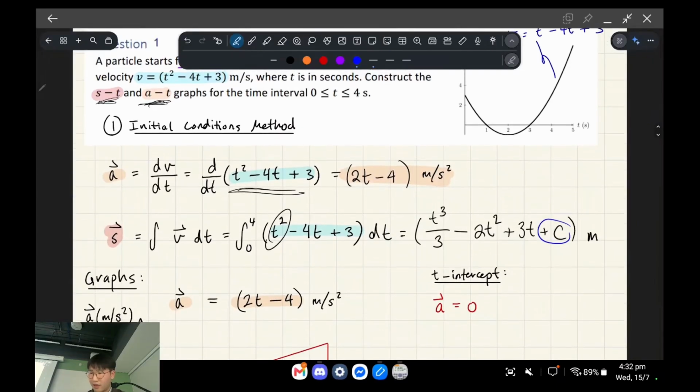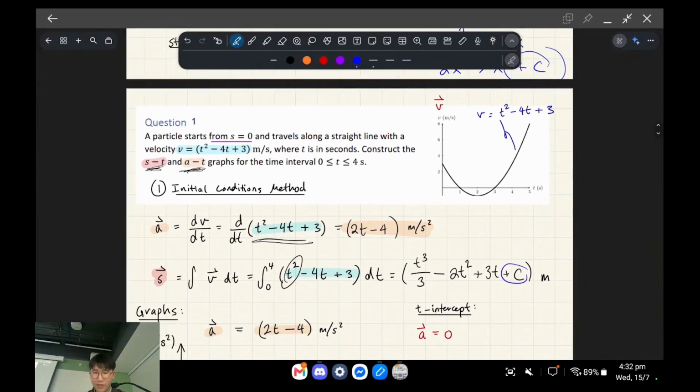So what we need to do is, in the question, you're usually given the integration constants because they're initial conditions, right? So we're told that at time equal to 0, when the particle starts, the displacement is 0.